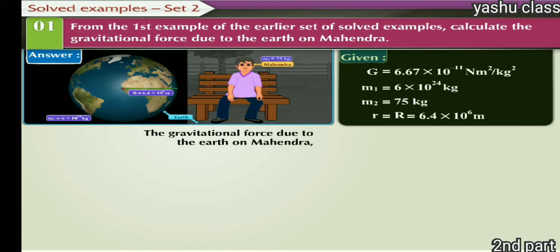The gravitational force due to the Earth on Mahendra is calculated using the formula F is equal to G into M1 into M2 upon R square.